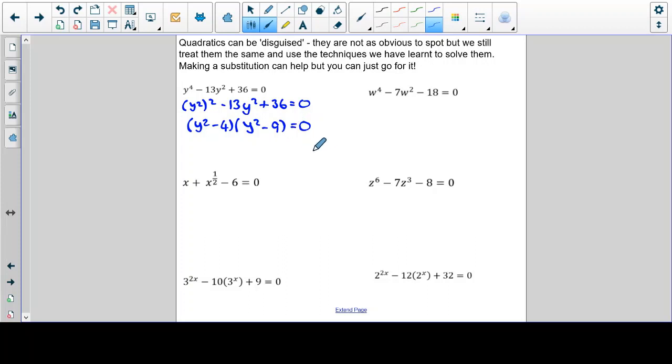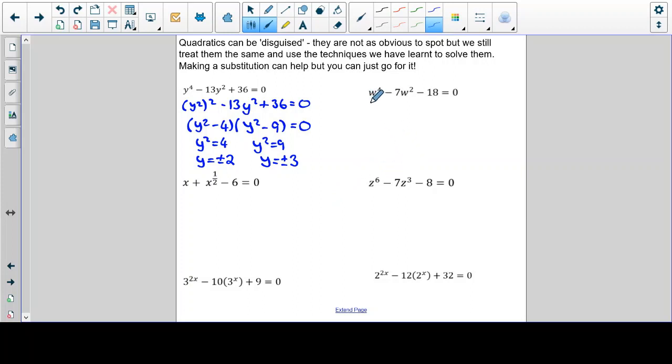That's it factorised. From these brackets equalling 0, here we get that y squared has to be 4, and here we get that y squared has to be 9. So for our values for y, we have to go an extra step and square root them. Plus or minus 2, plus or minus 3.